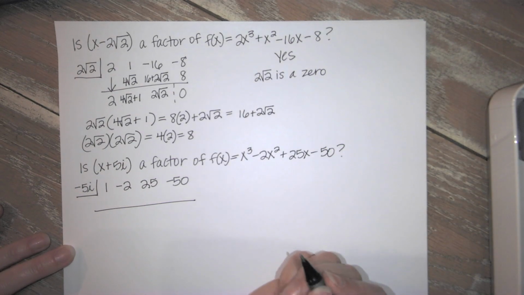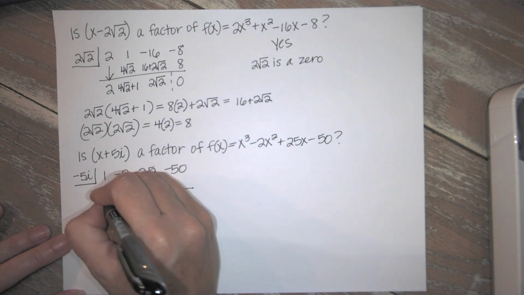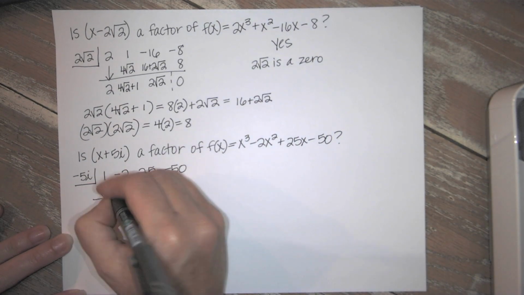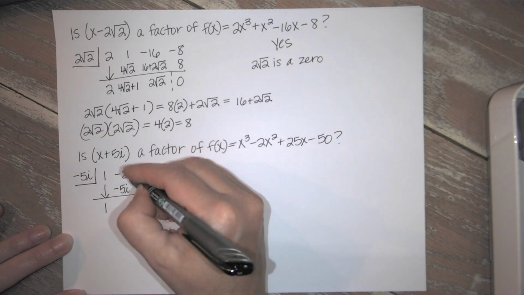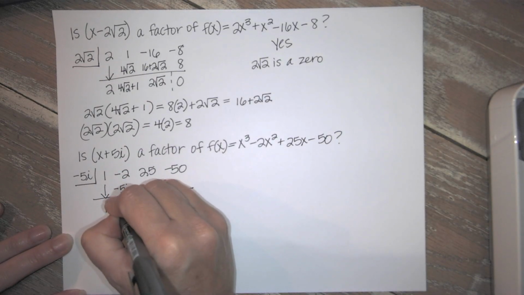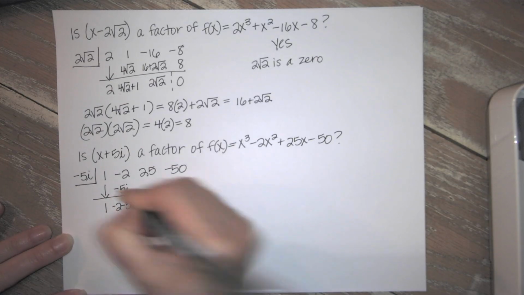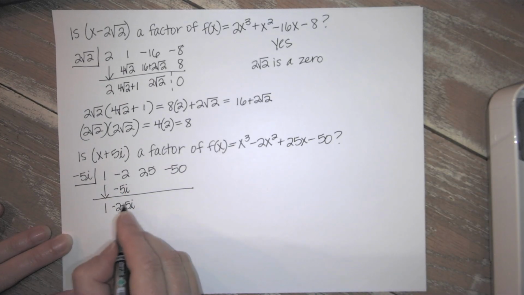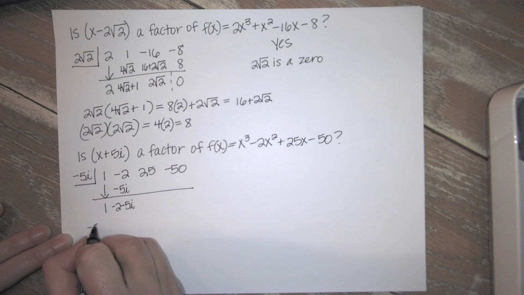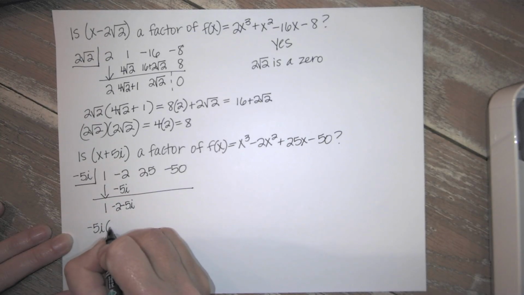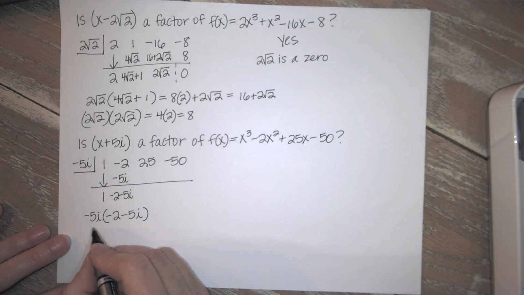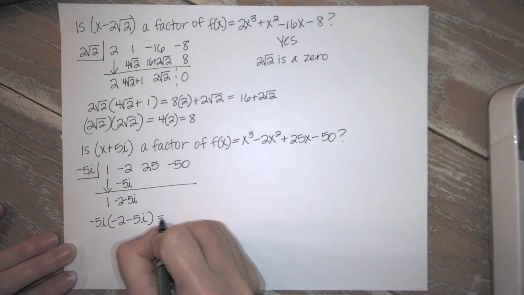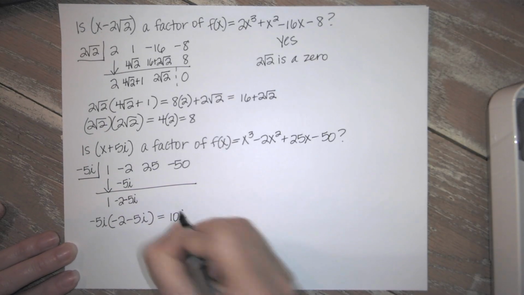We're going to bring down our coefficients of all of these terms, 1, negative 2, 25, and negative 50. I'm going to do synthetic division. Bring down the 1. 1 times negative 5i is negative 5i. Now we can't combine these. We just have to write it negative 2 minus 5i. And then we're going to have to multiply that by negative 5i. So I'm going to do that right here. I'm going to distribute. Negative 5i times negative 2 is positive 10i.